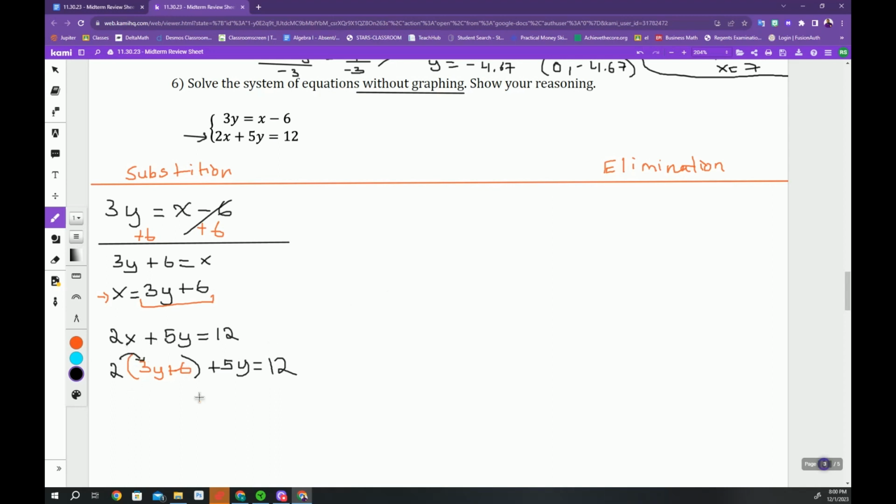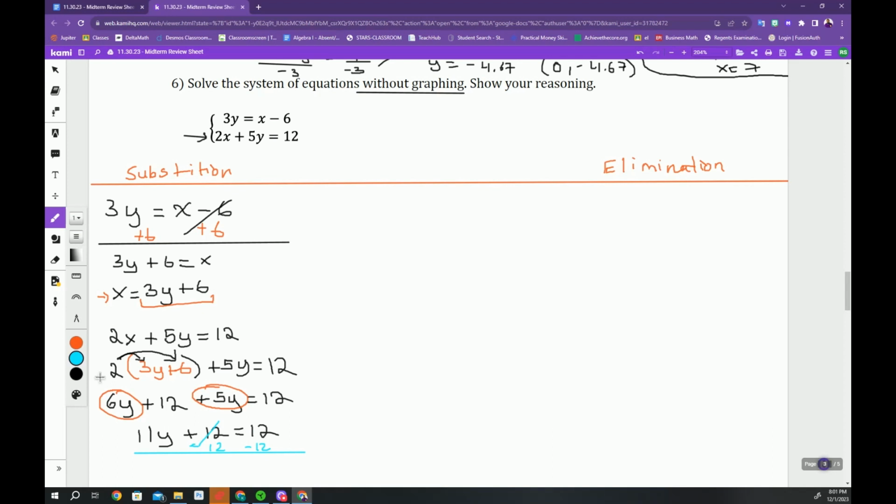So 2 times 3y, that is 6y. 2 times 6 is plus 12. Bring down positive 5y equals 12. Now we can combine our like terms. We have 6y, we have positive 5y. They both have y, so they're like terms. And we're left with 11y plus 12 equals 12. Now all we have to do is solve for y. So we can subtract 12 to both sides to get y by itself.